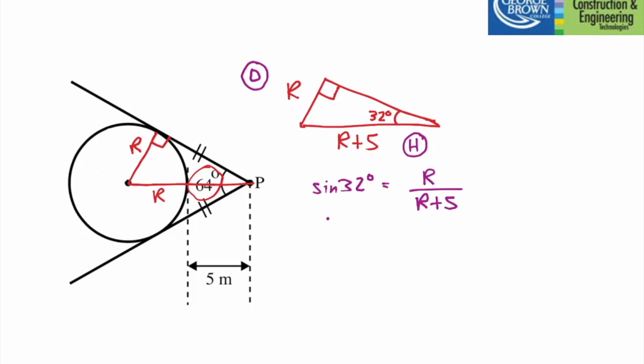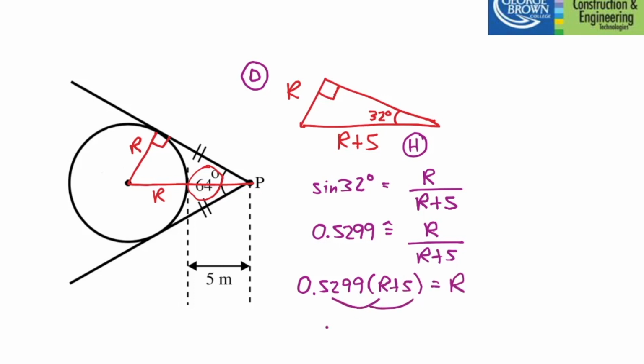Anyway, how would you solve such a question? Well, I'll use fewer decimals than last time. You would have 0.5299 here as approximately what sine 32 is. And that'll be R over R plus 5. I'll cross multiply. And after this step, I am confident you know what to do. So I'm just going to do a little bit of writing and not talk as much, okay? Let's go through that.